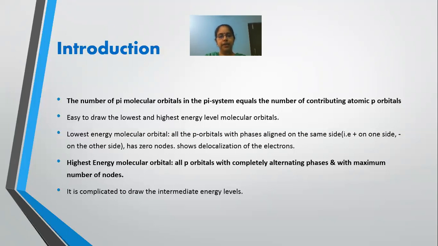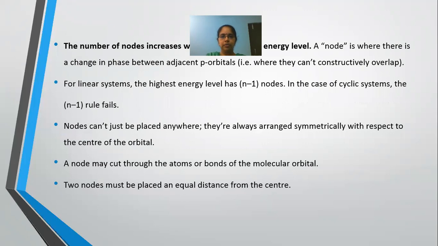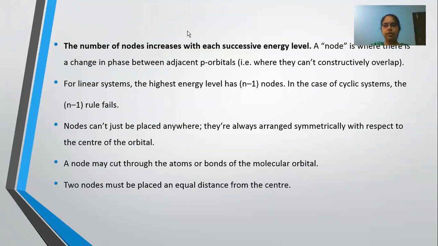Whereas in the case of intermediate molecular orbitals, we see some nodes. The highest energy molecular orbital also possesses nodes, and intermediate energy level molecular orbitals also contain nodes. Those nodes increase with each successive energy level. That means with an increase in energy level, the number of nodes also increases.